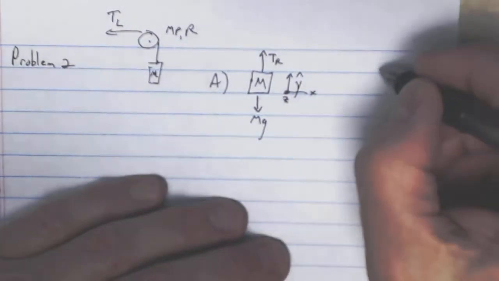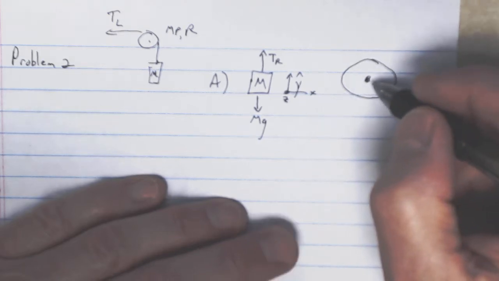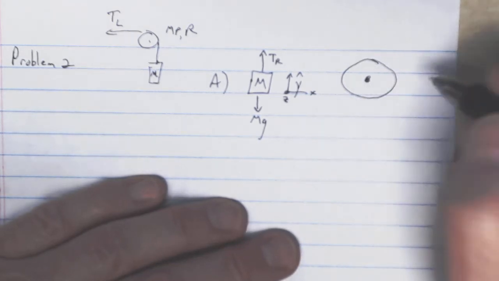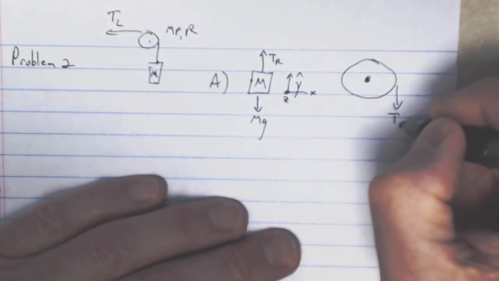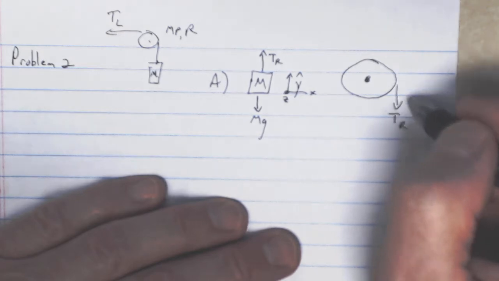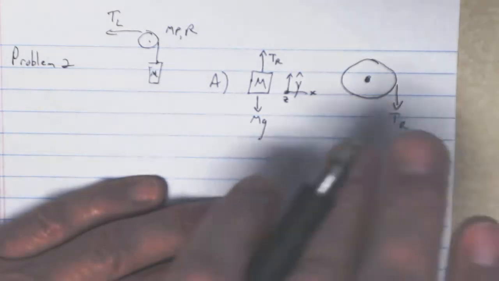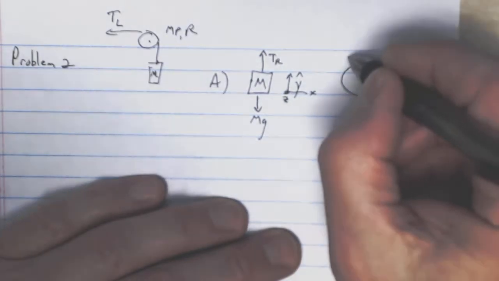Now when we look at the pulley, you're told you can ignore the forces holding the pulley in place, the forces on the axle. So all we really care about for this problem is the tension on the right, which acts to pull this point down, but actually acts to accelerate the pulley in the direction given by the right-hand rule, which would be into the page.